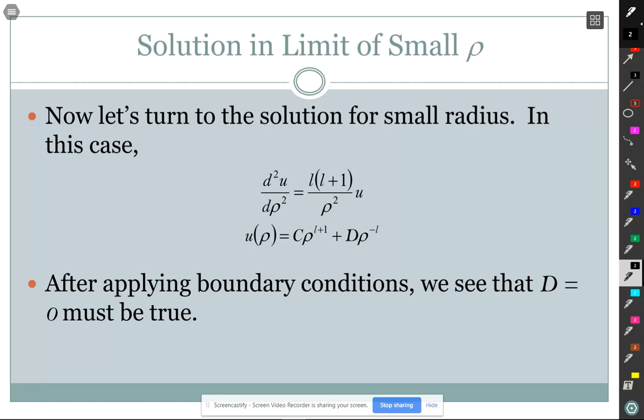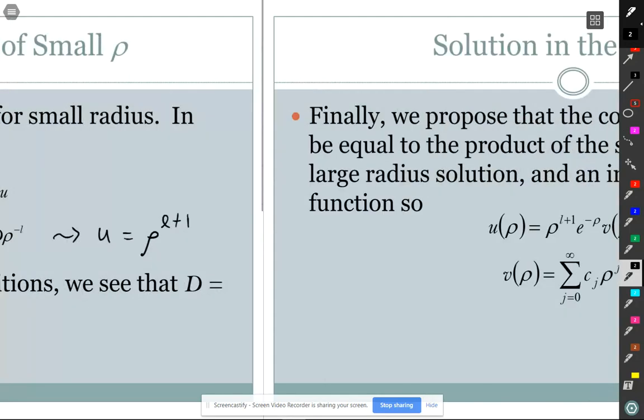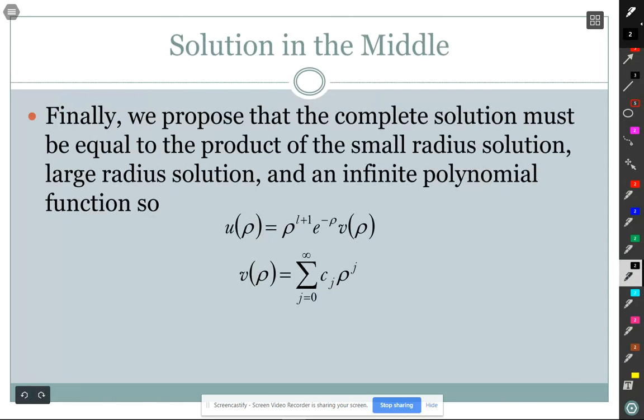And so that term's got to go. It's also not going to work out for us. So we only have this term for the small solution.